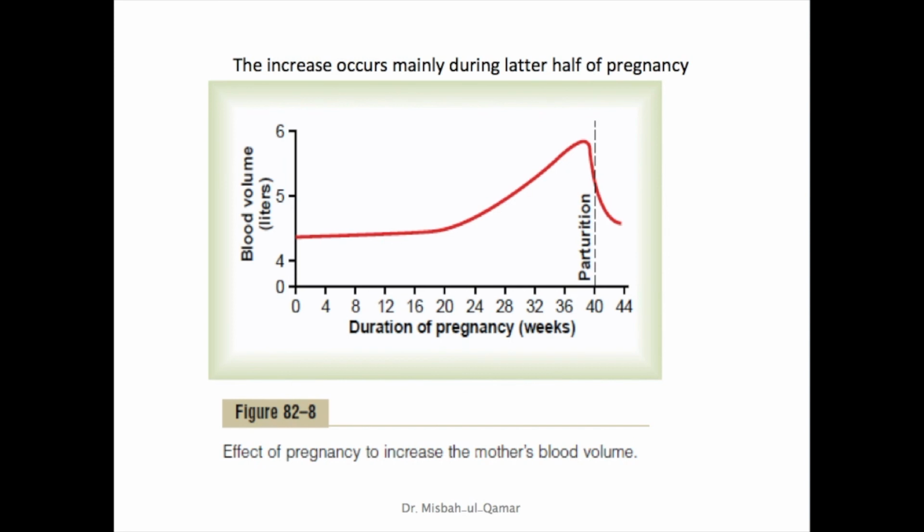The maternal blood volume shortly before term is about 30% above normal. Therefore, at the time of the birth of the baby, the mother has about 1 to 2 liters of extra blood in her circulatory system. The bone marrow becomes increasingly active and produces extra red blood cells. Also, there is increased fluid retention by the kidneys due to increased aldosterone and estrogen.